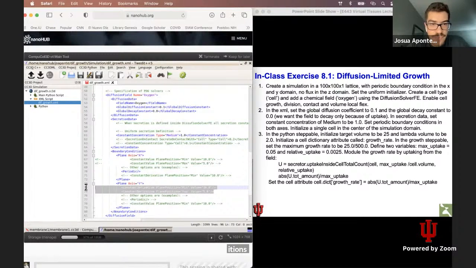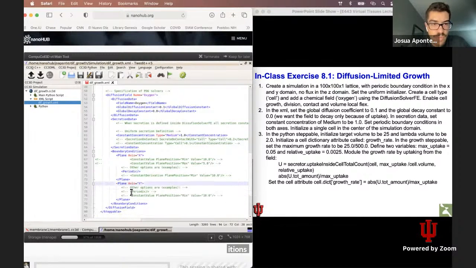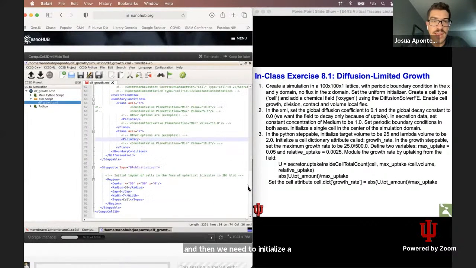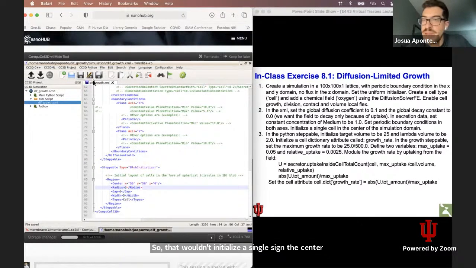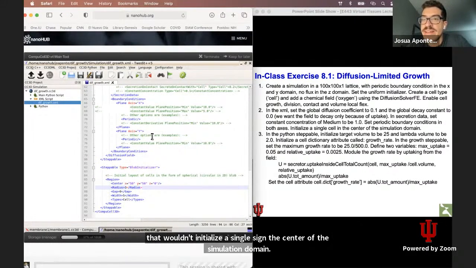And then we need to initialize a single cell in the center of the simulation domain. There you go. So that would initialize a single cell in the center of the simulation domain. So we have set up everything that we needed in the XML file.